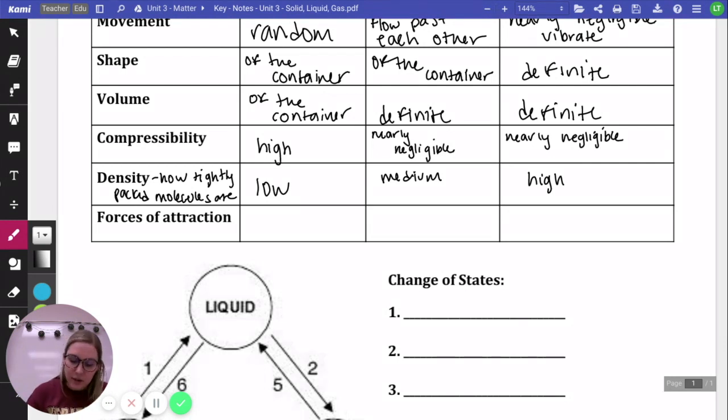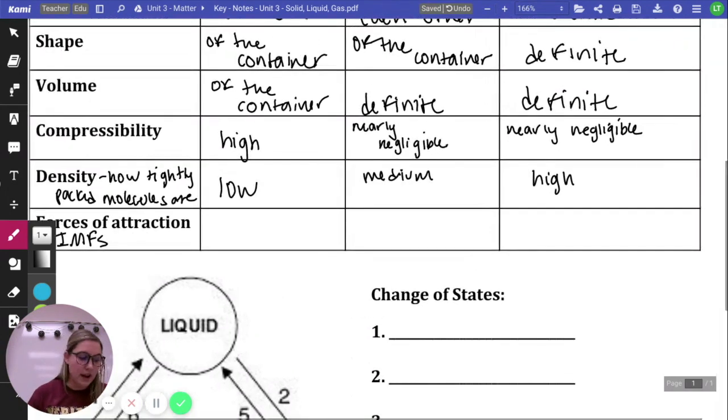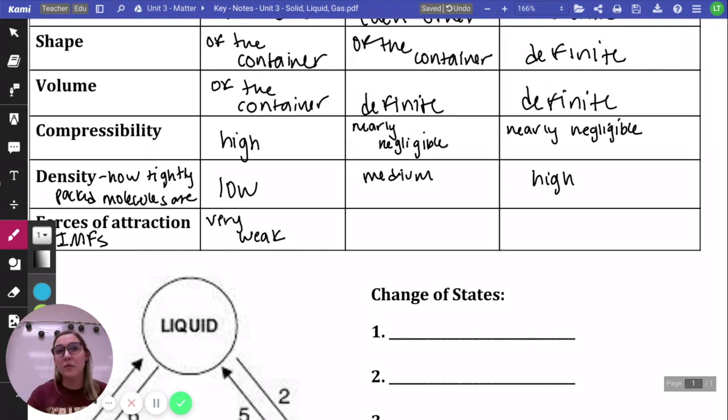And the last thing on this chart is forces of attraction. This is what we call IMFs, the forces of attraction between the different particles. Gas particles have very, very weak forces of attraction. One of the postulates of the kinetic molecular theory of gases, which is basically how gases behave, says that gases have almost no forces of attraction between them, so the molecules aren't attracted to each other.